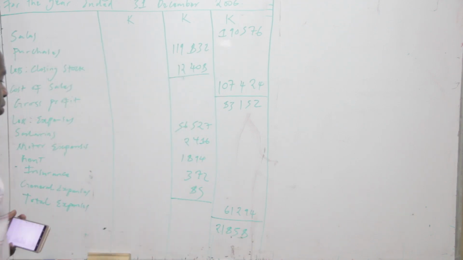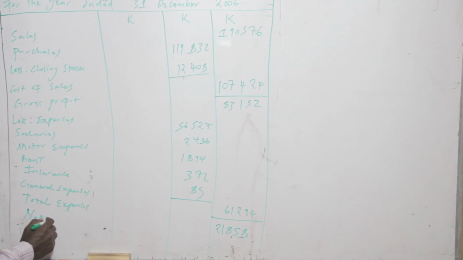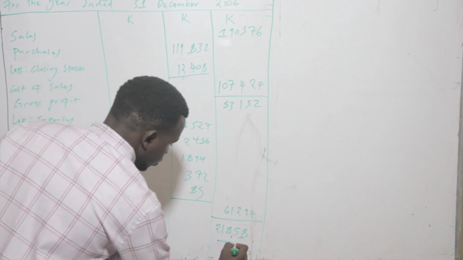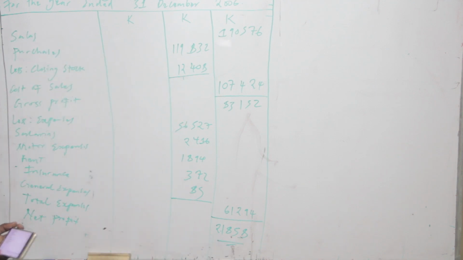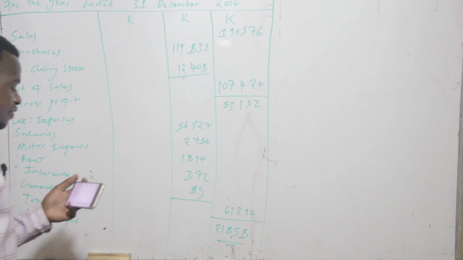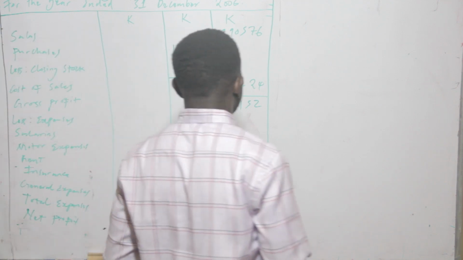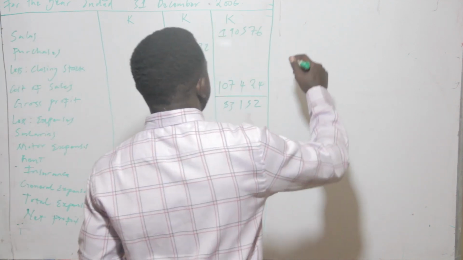And since this amount is positive, that means that this is going to be net profit. So our net profit is going to be equal to 21,858. Let us now look at the balance sheet.